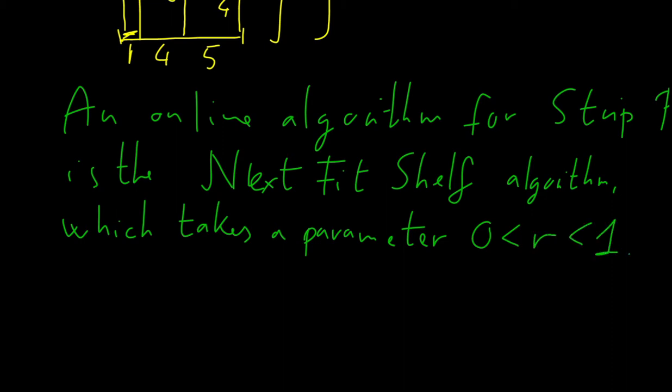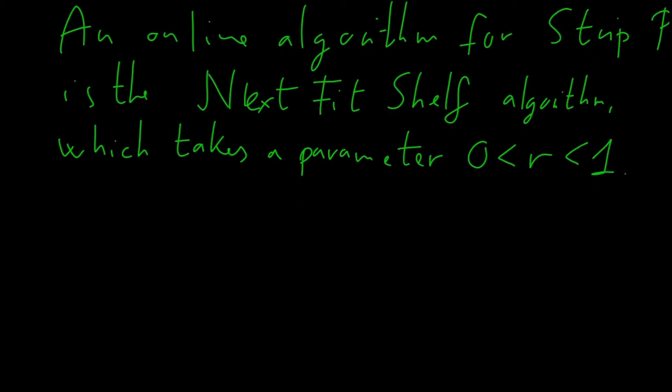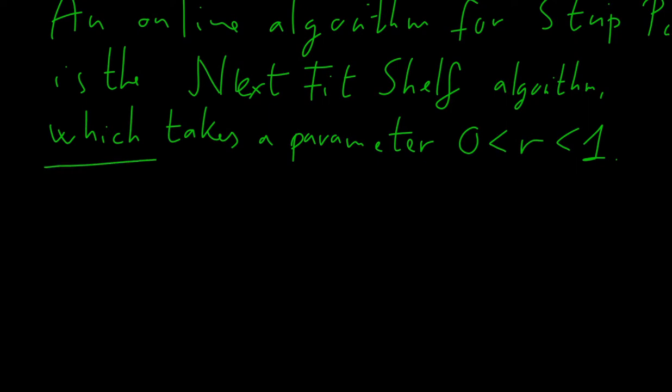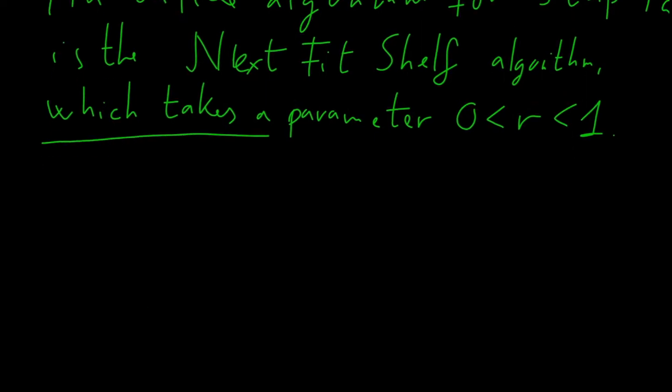Similar to the harmonic algorithm in the classical case, where the harmonic algorithm takes the parameter k, how many bins it should construct, the next fit shelf will just take a parameter r, which is in this case a real number.